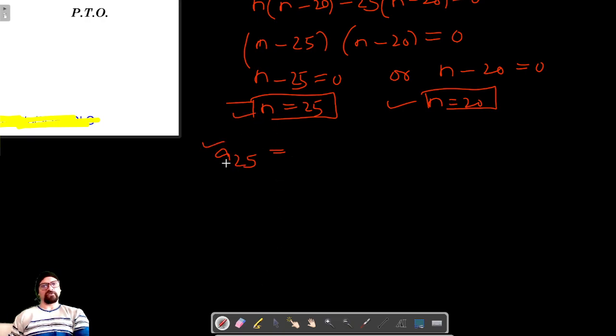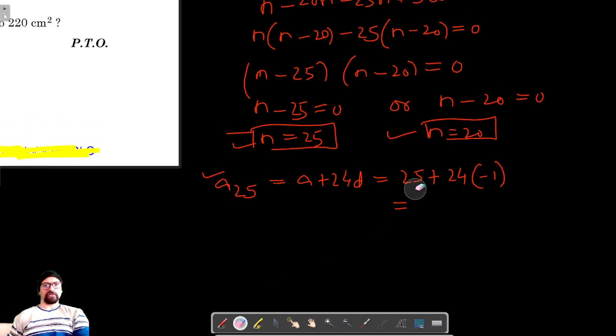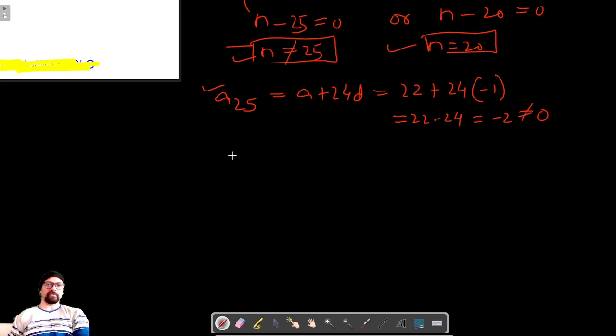Then in the 25th row we will have a plus 24 into d logs. So this is 22 plus 24 into negative 1, which is 22 minus 24, which is negative 2, which is not possible. So n is not equal to 25.